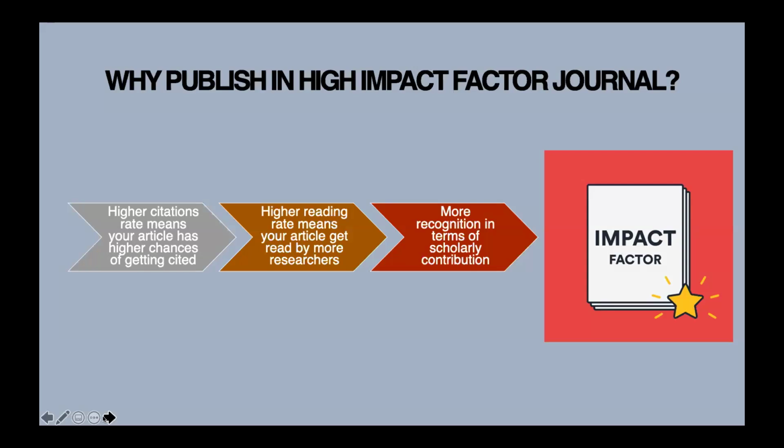How do we categorize high impact journals and low impact journals? Based on one of the articles, they state in the findings that a high impact journal can be categorized as an impact factor of 10 and above.